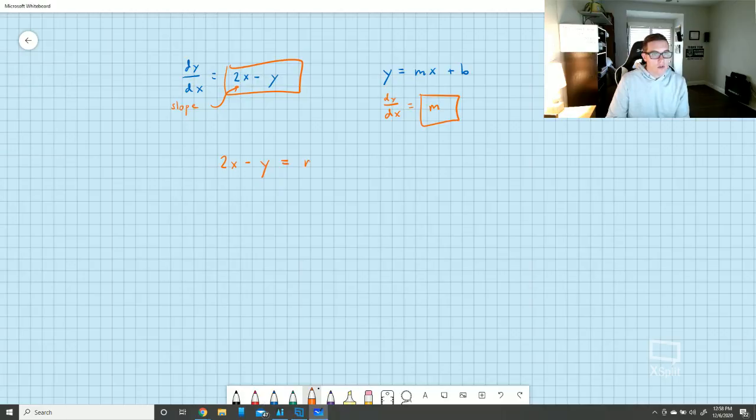Another thing you can do to eliminate another variable is notice that they tell you that they want y equals mx plus b to be a solution to this differential equation, which literally means y needs to work in the differential equation. So in place of y, we can substitute this particular solution they tell me that needs to work.